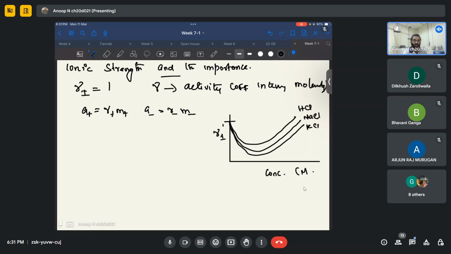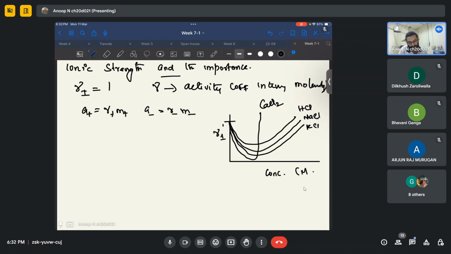We can see that these are all similar types of salts, which all show a similar trend in the plot of gamma plus minus versus concentration. When we plot CaCl2, the plot shows a different behavior. So for a similar type of salt, it will follow one behavior, and a different kind of salt will have a different behavior.